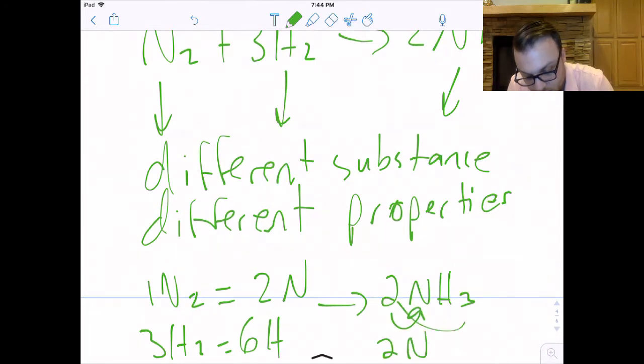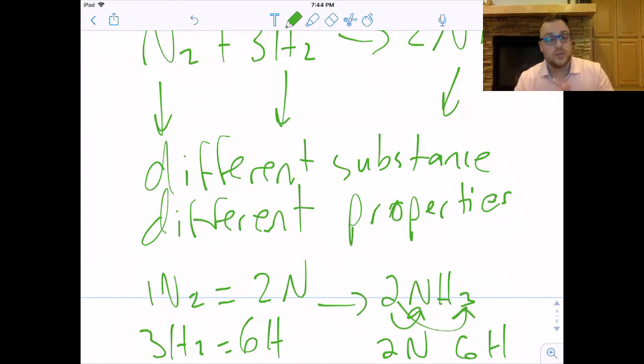So what goes in is the same amount of atoms, the same types of atoms, which have the same mass. So that's all conserved. However, they form something different, a different substance with different properties.